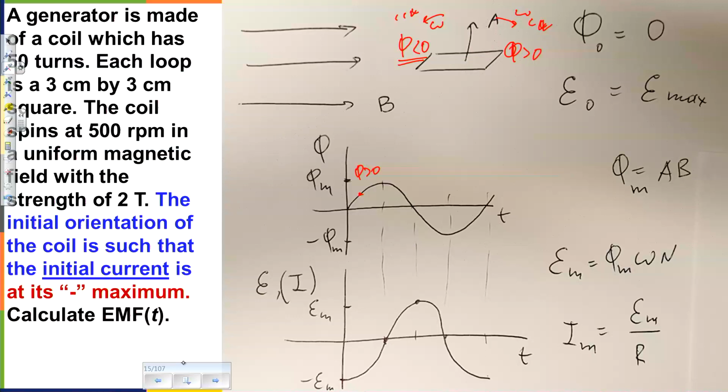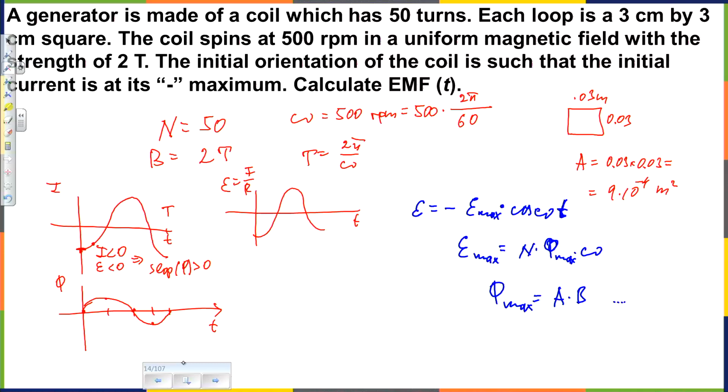Electric current also constantly changes. This is the graph on the left for the electric current. How do I know? Because we were told that electric current at t equals 0 should be negative and should be at the maximum. You see? Negative maximum at t equals 0.